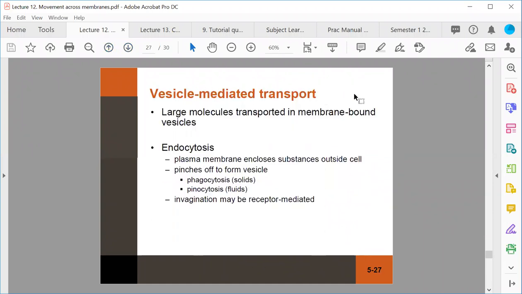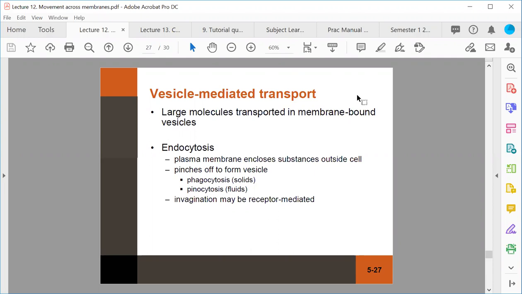Okay, our very last type of transport is called vesicle-mediated transport. You remember we talked about vesicles in our lecture last week. Vesicles are formed when small parts of the membrane surrounding the endoplasmic reticulum bud off and form little spherical vesicles.